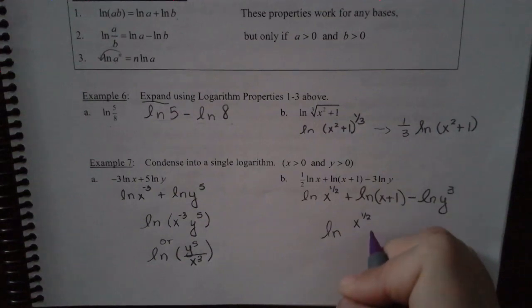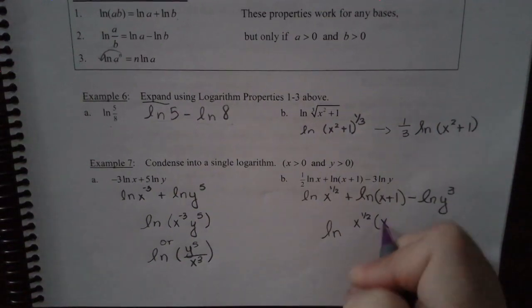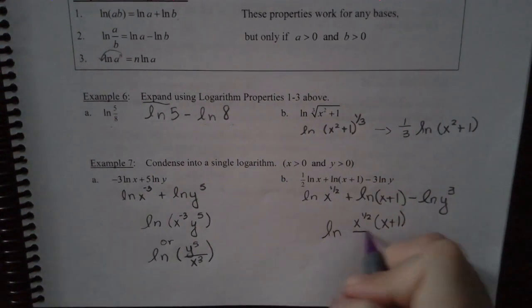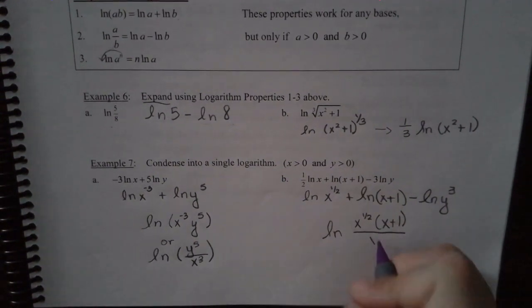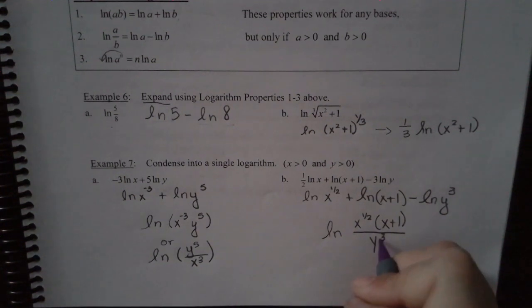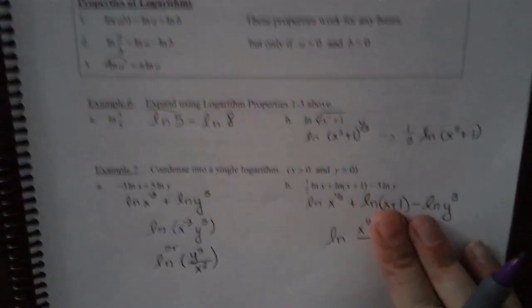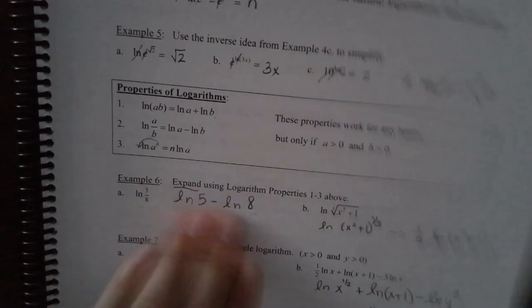So I have x to the 1/2 times x plus 1. And because that last term is minus, we're going to put that in the denominator. Remember not to take the ln with it, because we are condensing into 1 ln. Okay, a couple more left.